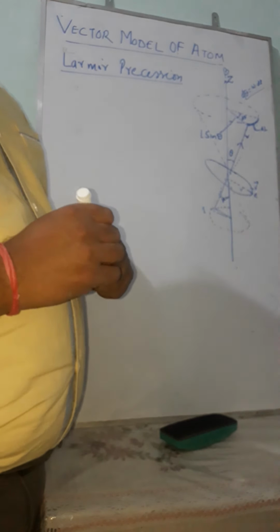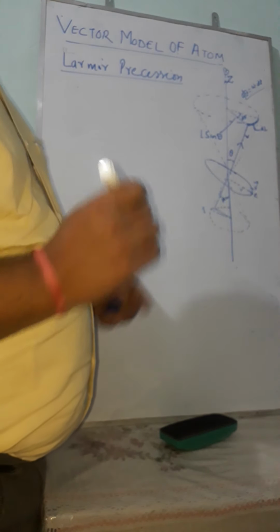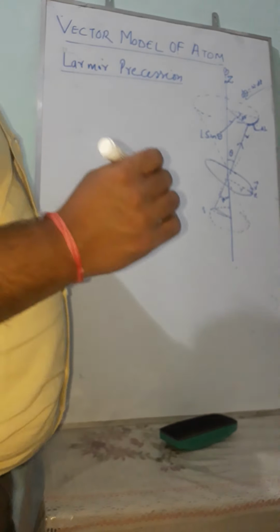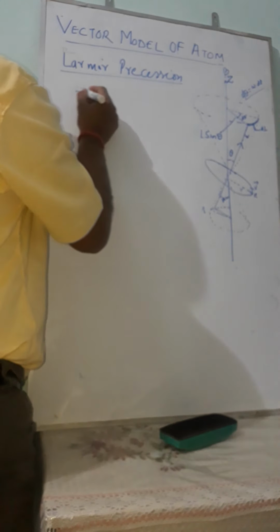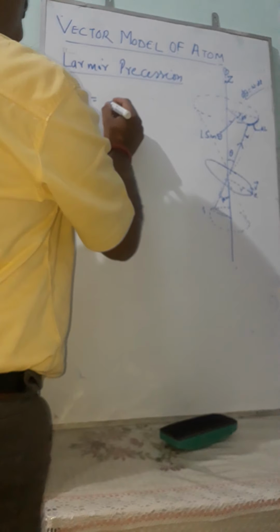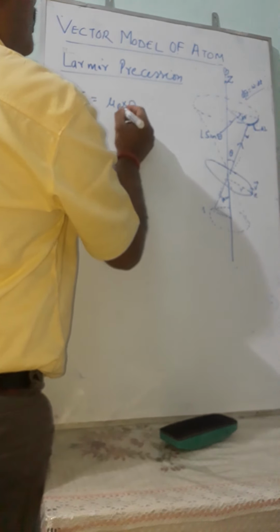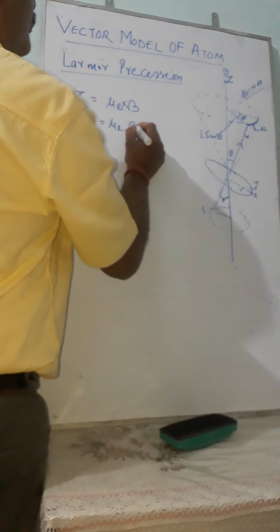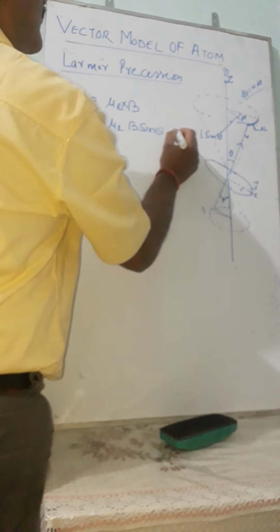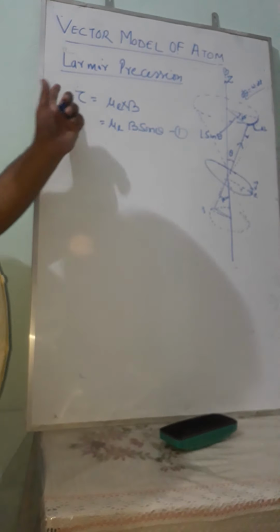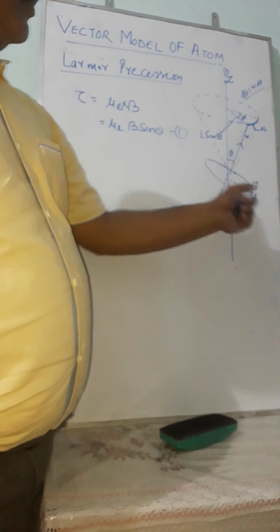If mu L is the magnetic moment and B is the magnetic field, then torque tau is given as mu L cross B, or mu L into B into sine theta. This is the torque experienced by this electron.